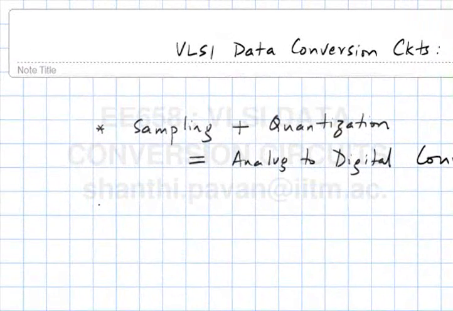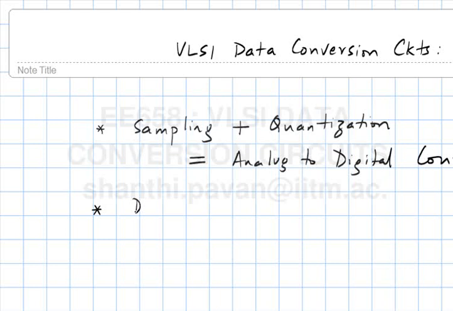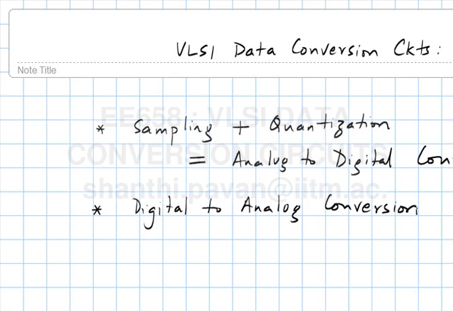On the output side, we have what is called digital to analog conversion. We were discussing this at the fag end of the last class. So the idea is that you have a sequence of numbers represented in digital form, and you need to put out an analog waveform which corresponds to this discrete time sequence.